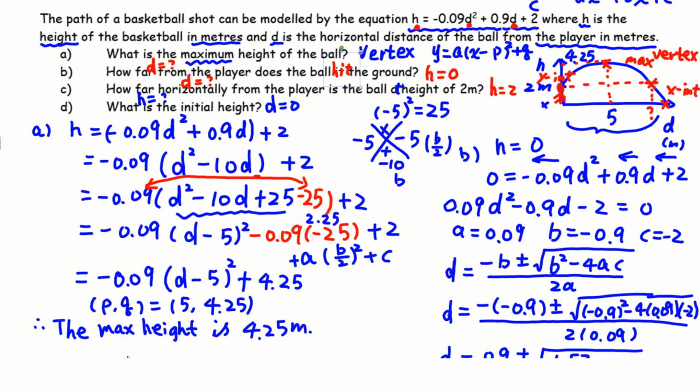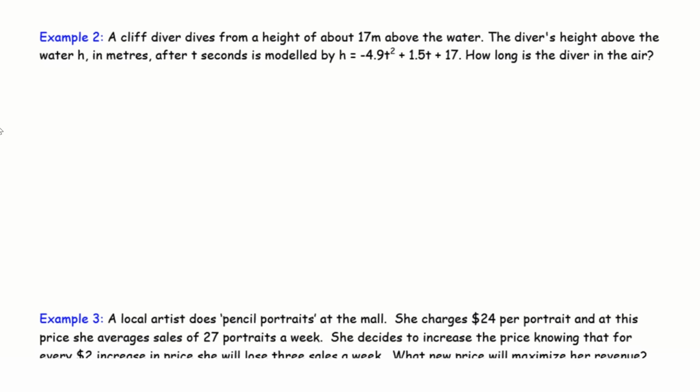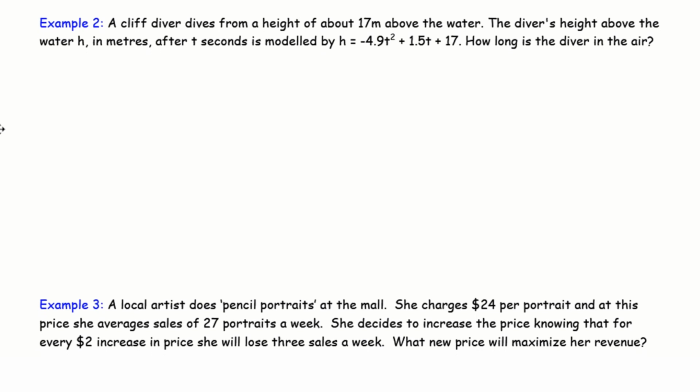So example 2, a cliff diver dives from a height of about 17 meters from the water.